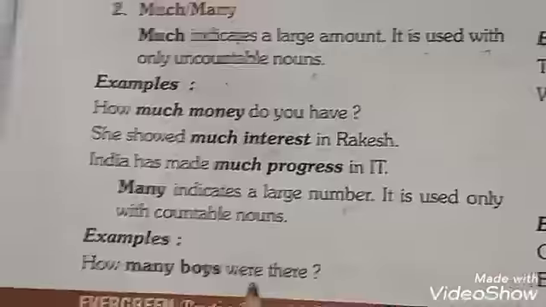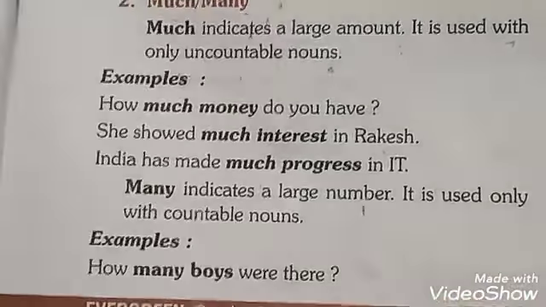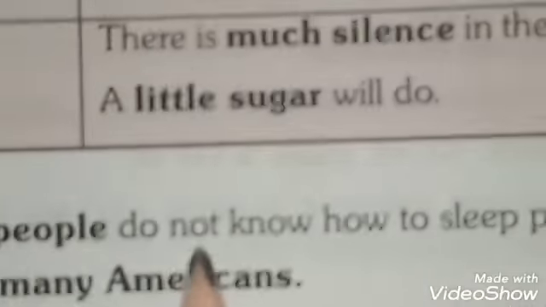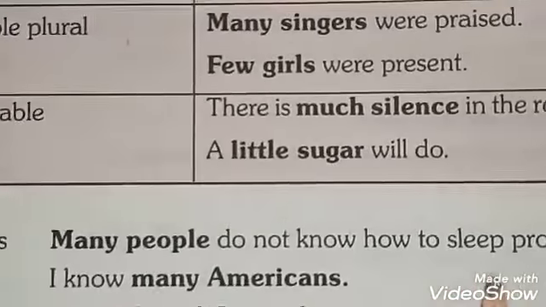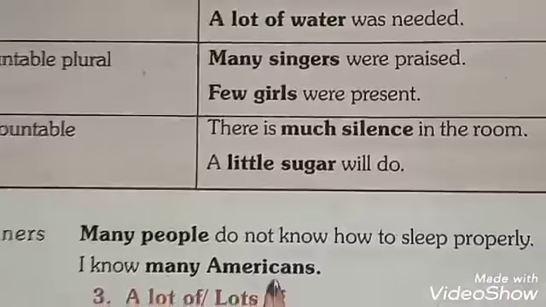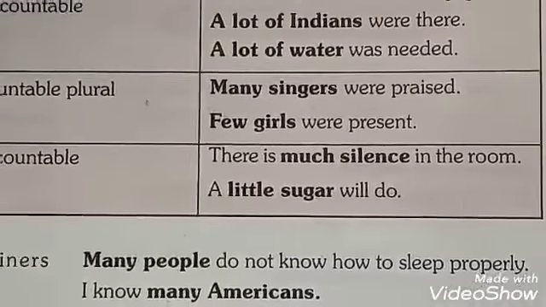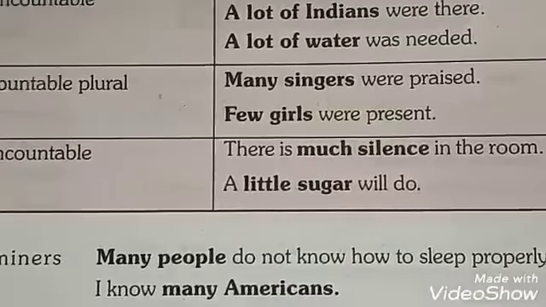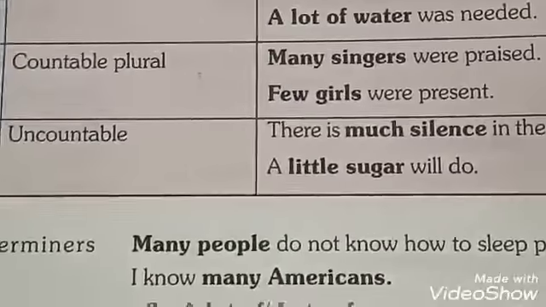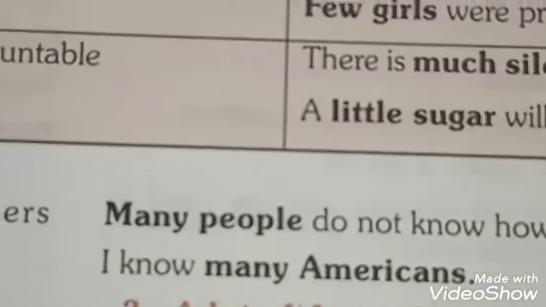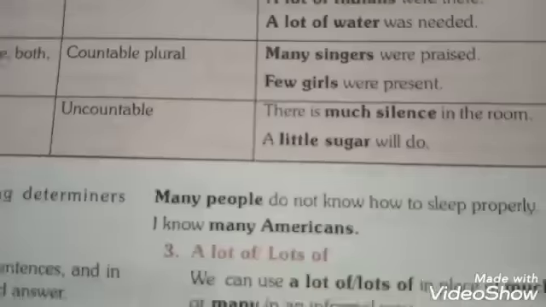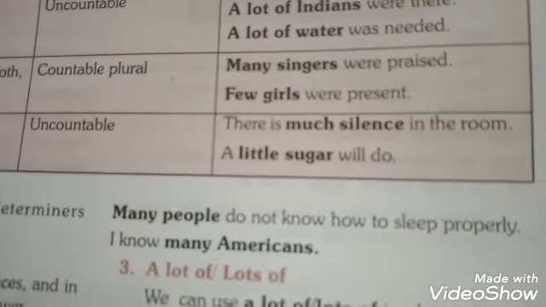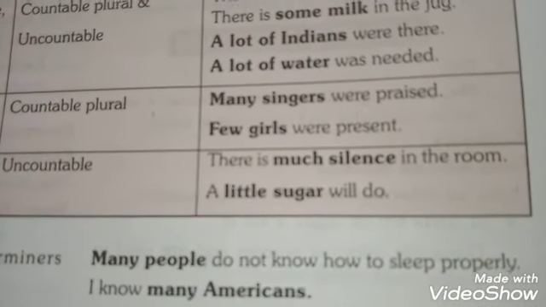How many boys were there? Many people do not know how to sleep properly. I know many Americans. So these differences will help you in bringing out the real usage of much and many, where they should be used, and what important rules we should keep in mind while using them.